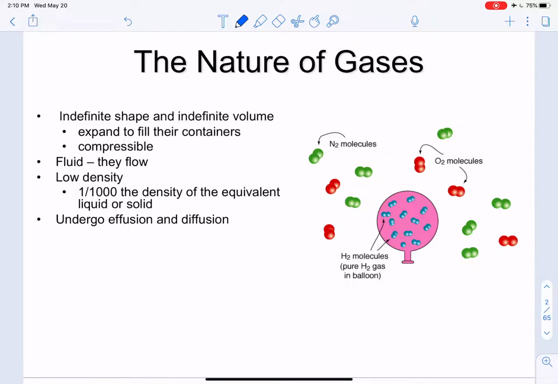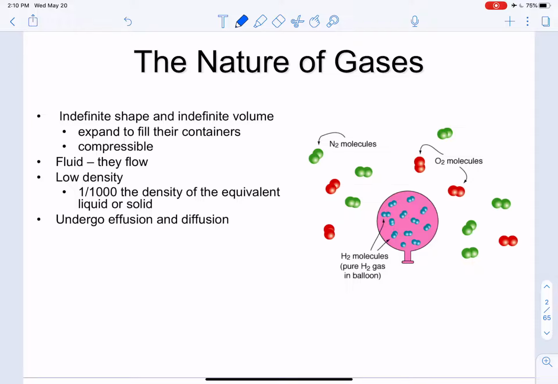Well, gaseous molecules, because they're moving around really quickly and they're really small and they're not attracted to each other very much, bounce off of each other and they bounce against any kind of container that they're in.